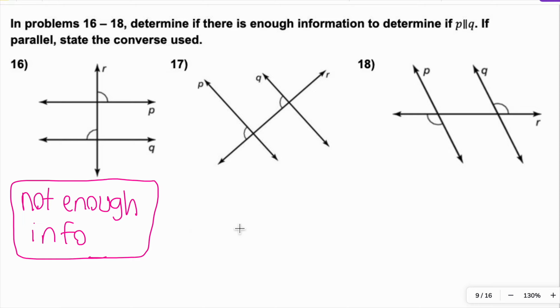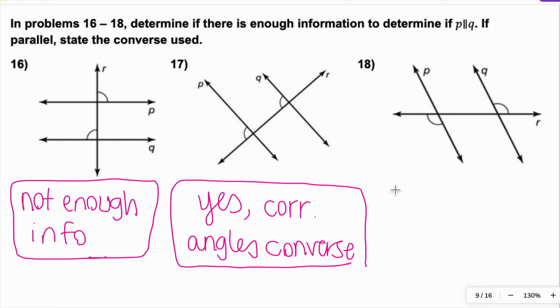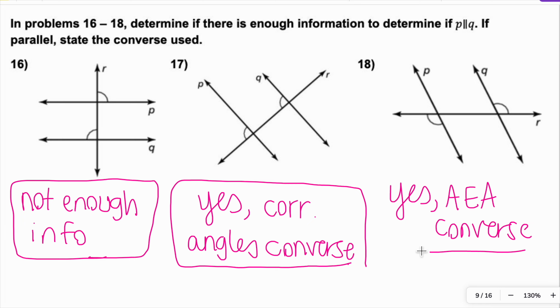So can't conclude it for 16, but we can conclude it for 17. These are parallel because we use the corresponding angles converse. Okay, and then number 18 is also going to be yes. In this case, we use the alternate exterior angles converse.